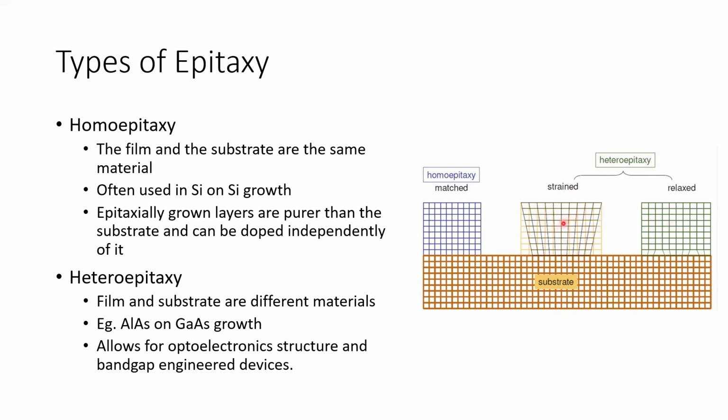So the first here is the strained heteroepitaxy. Because the crystal structures are different, the newly grown structure is strained. And on the right, this is the relaxed structure, meaning there is less strain.